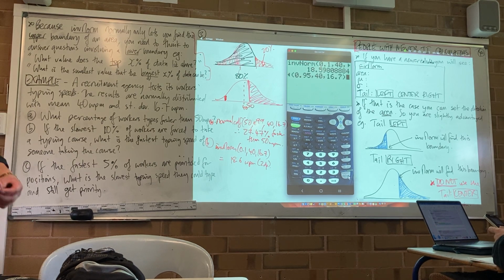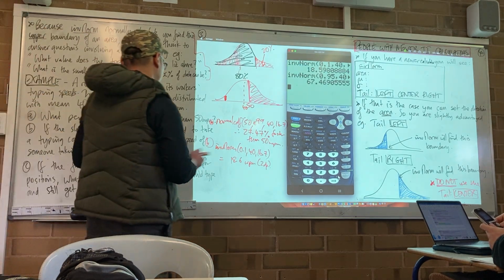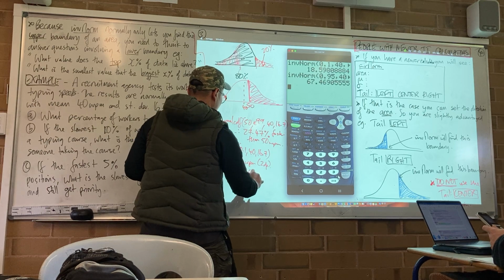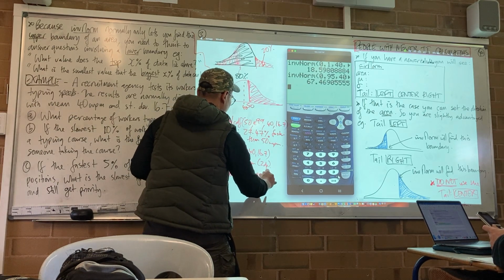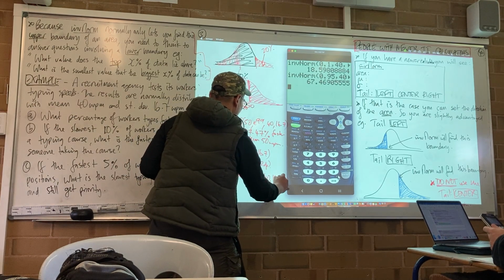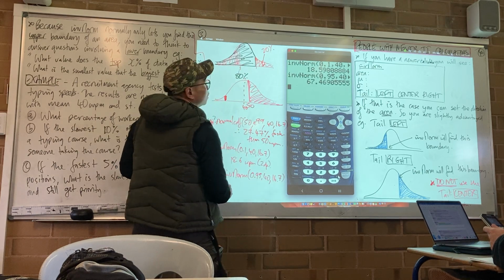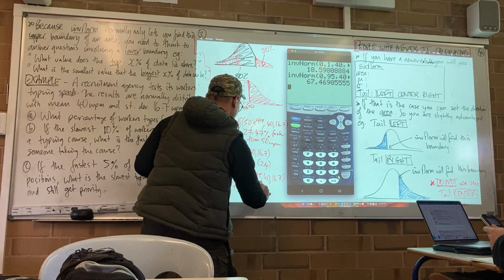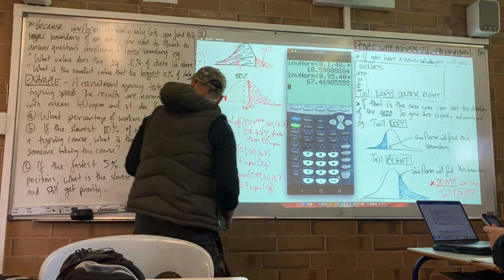Enter, enter, enter, enter, 67. So C: InvNorm 0.95, 40, 16.7 equals 67.47 words per minute, rounded to 2 decimal points.